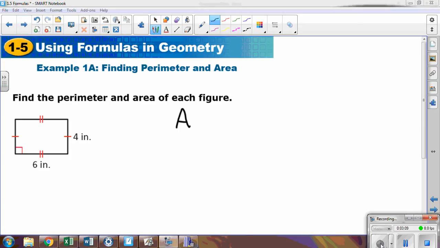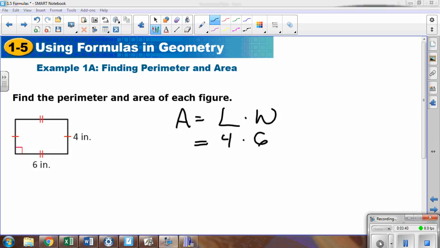Okay, if we're going to get the area, what's our formula for the area of a rectangle? Length times width. And so we can simply plug in the length and width. What's the length of this rectangle? Okay, taking a length of 4, the width would then be 6.